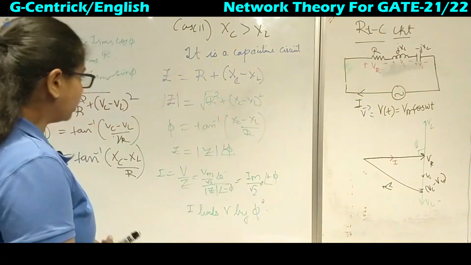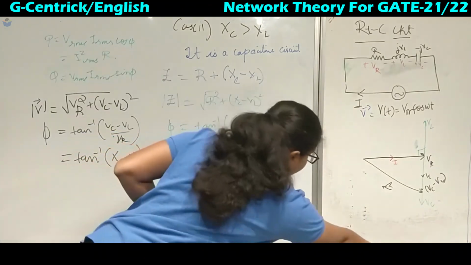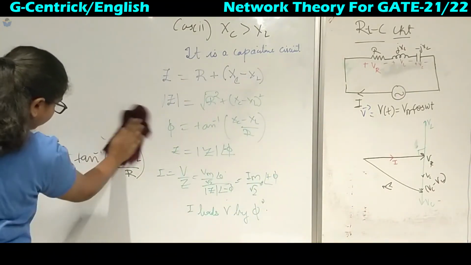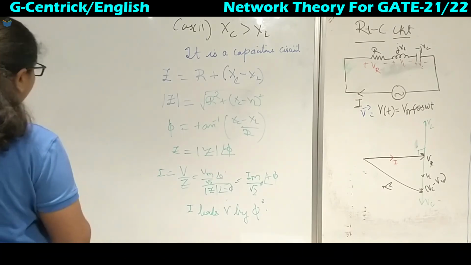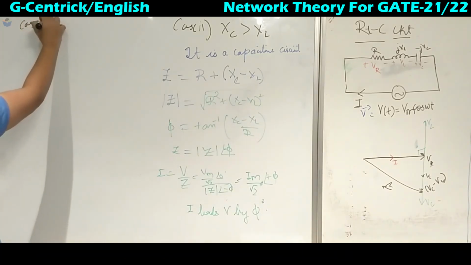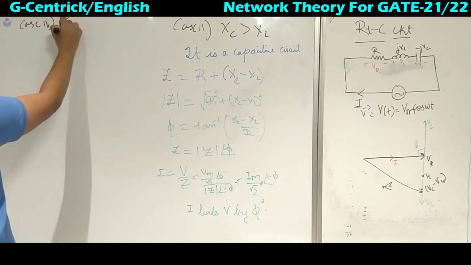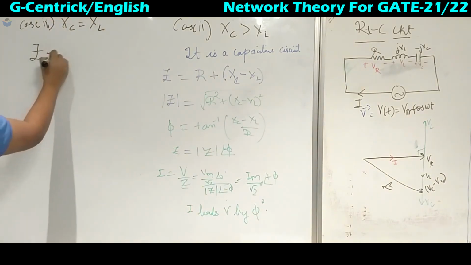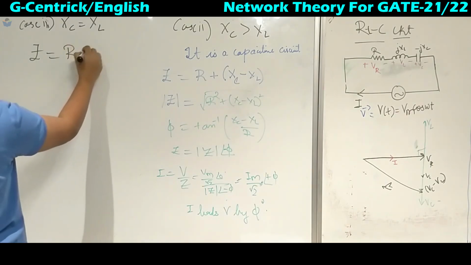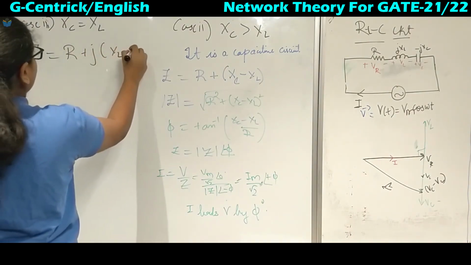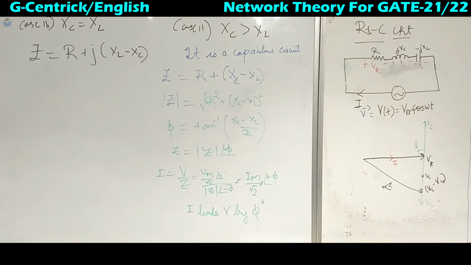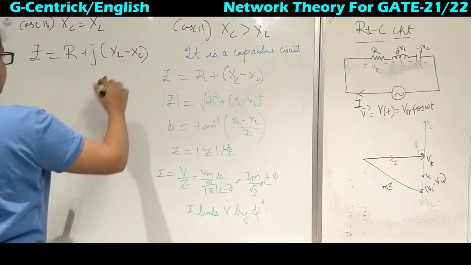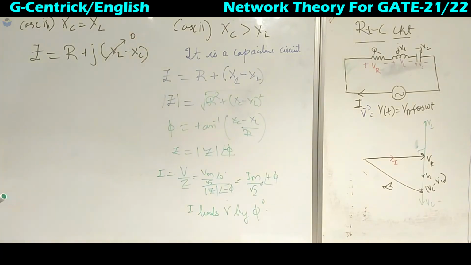Now there is one more case, case number 3, when Xc is equal to XL. What was the Z we had got in the derivation? R plus j(XL minus Xc). Whenever Xc is equal to XL, this whole term will be equal to 0.